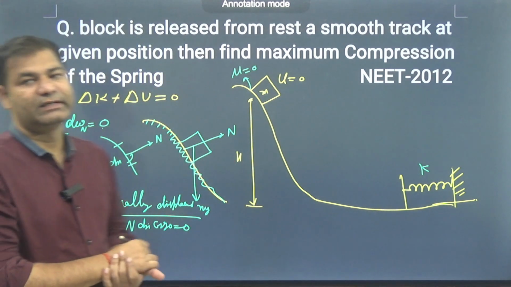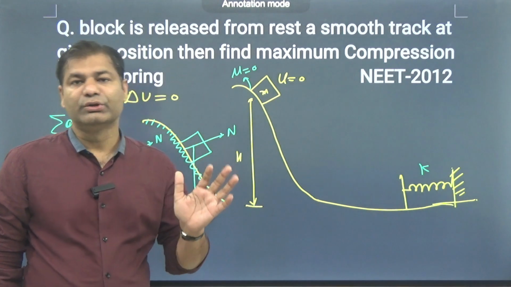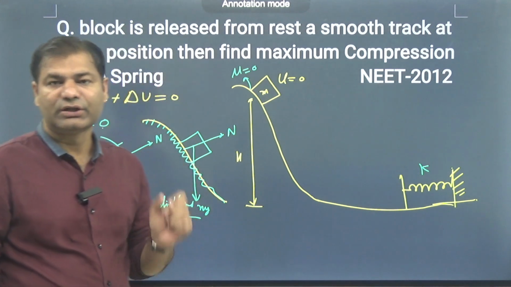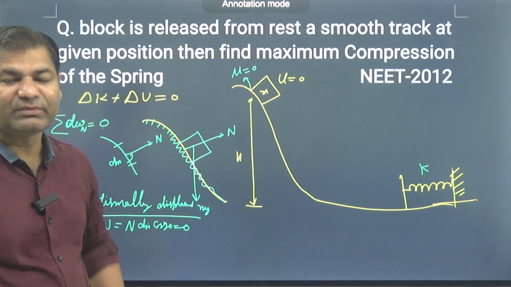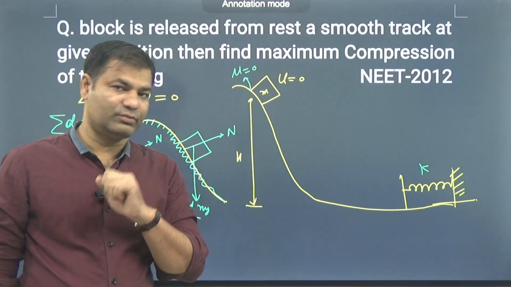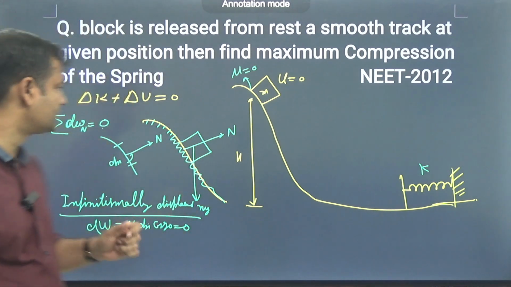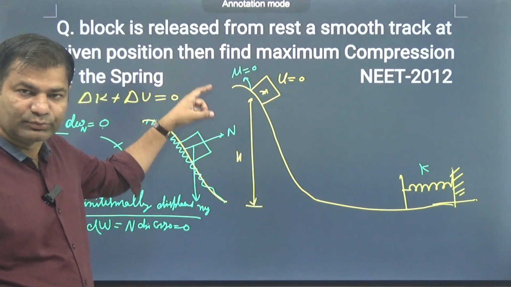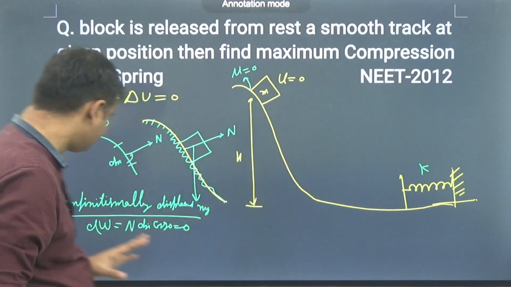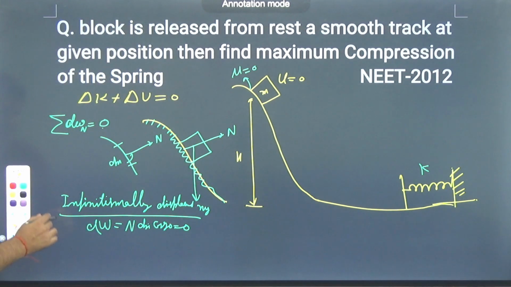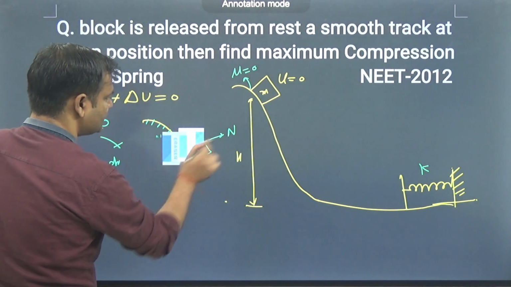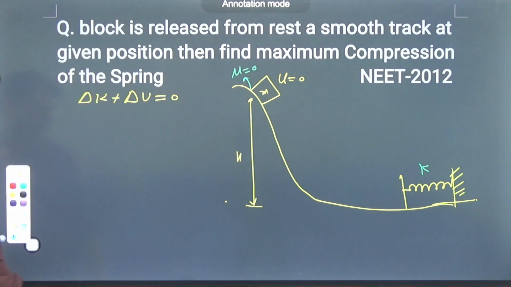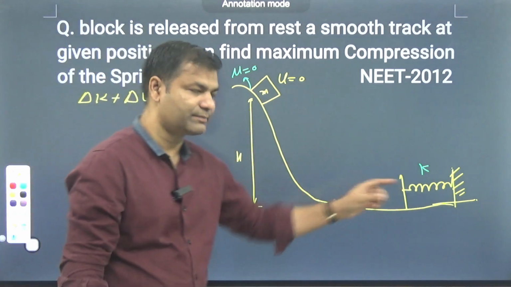So the sum of work done by the external force is 0 from here to here. So the work done due to the external force is 0 in this duration, from here to here.